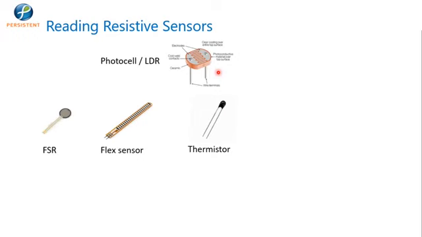A couple of other resistive sensors could be FSR, flex sensor, thermistor, etc. On the LDR, you have a photoconductive material on the top surface as seen here. Depending on the intensity of the light falling on this particular sensor, it will vary its resistance inside.